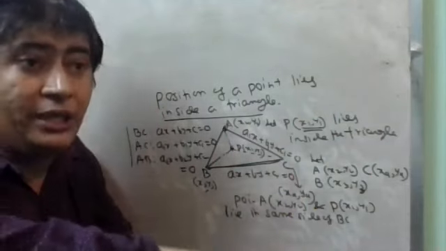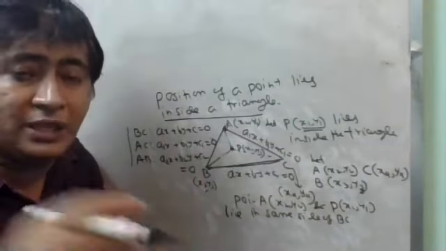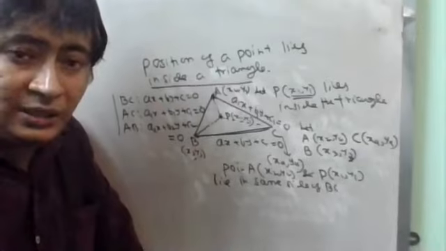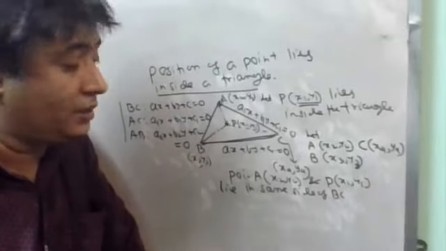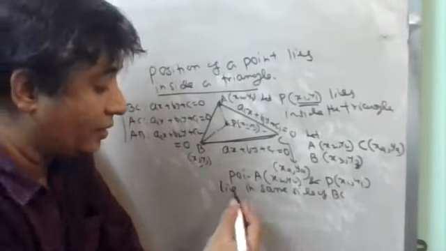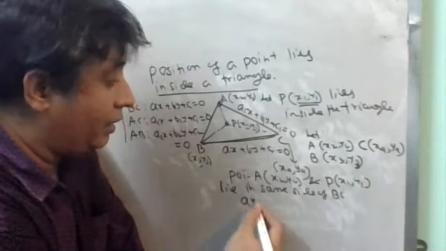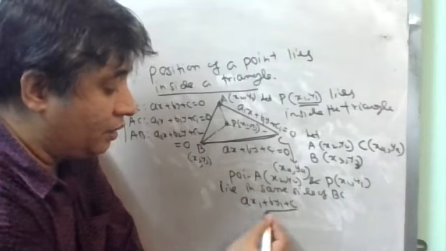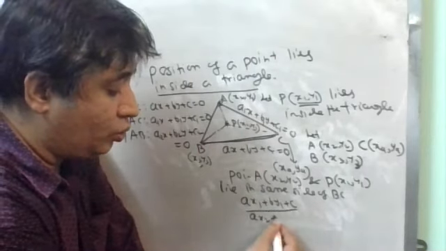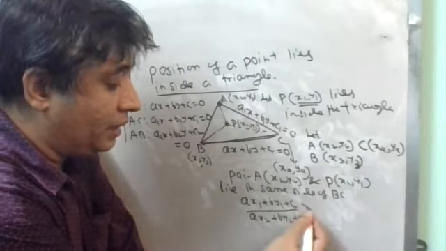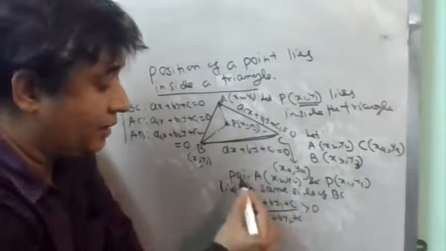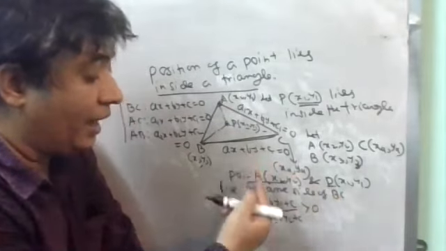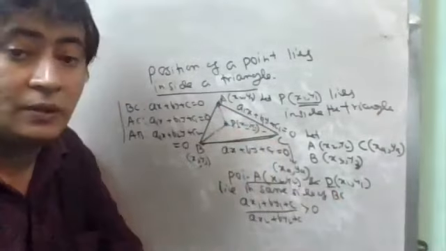So you apply that condition which we taught a few minutes back, that a point lies on the same side of a line: (ax1 plus by1 plus c) by (ax2 plus by2 plus c) greater than 0, as these two points lie on the same side of BC.